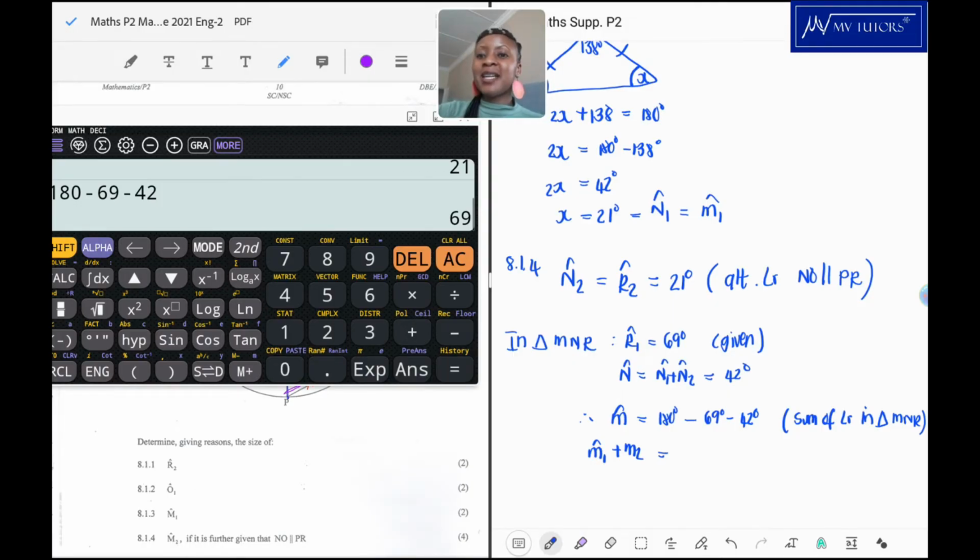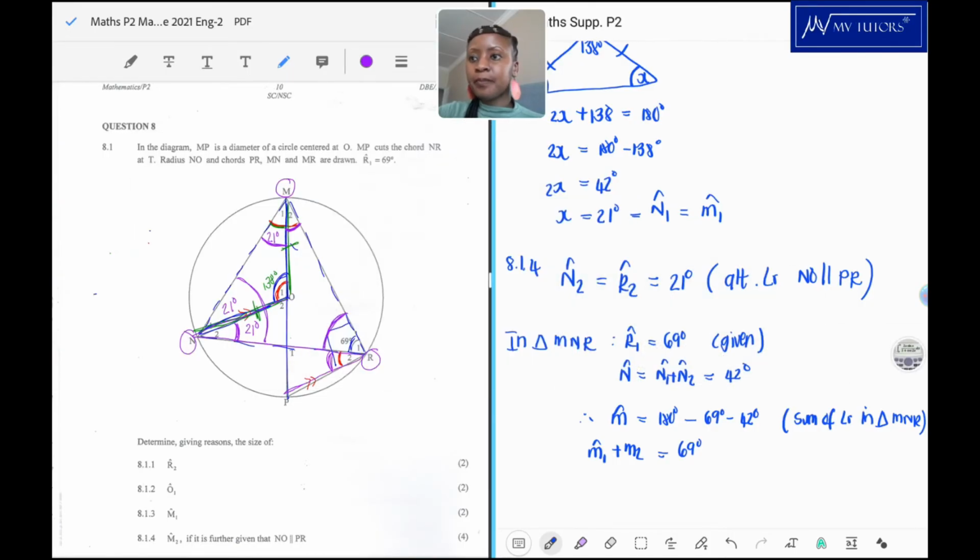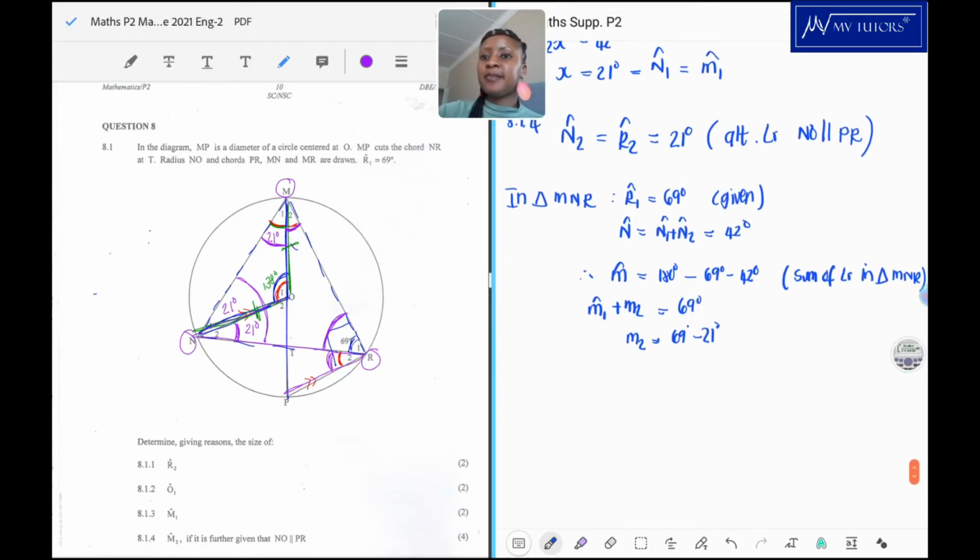So we have 69, and I know that M1 is 21. So I have 69 minus 21 degrees. All right, so M2 then will finally be 48 degrees. Okay, and we have given all the reasons that are required.